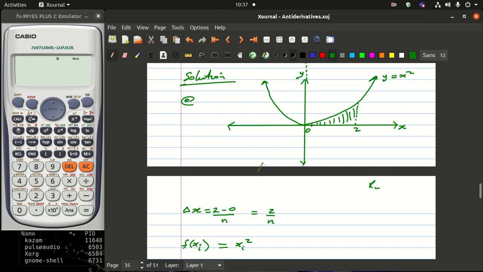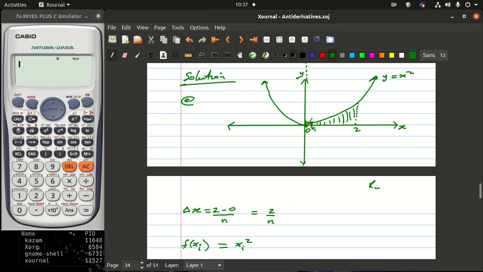That is also something that I want us to realize. If you go back to this function here, if I were to draw one rectangle here, the first point is going to be there, the second point is going to be there, and my rectangle is going to look like this. This one here is 0, and this is x1. To move from 0 up to x1, I need to make sure that this interval is 2 over n.